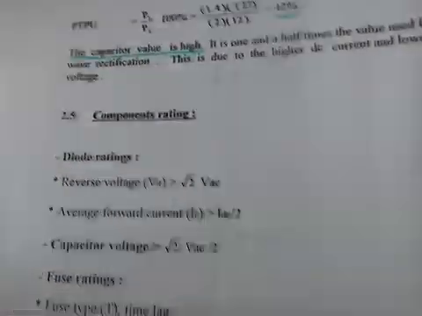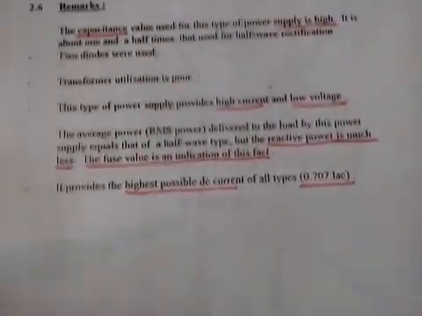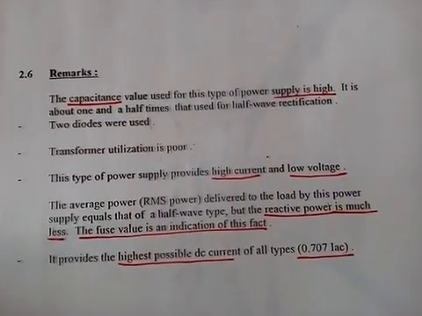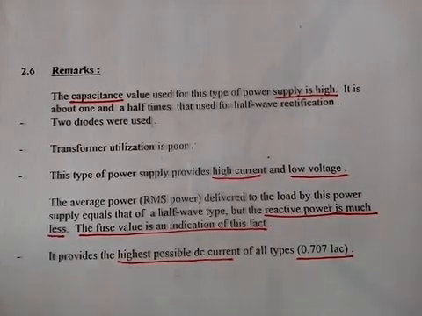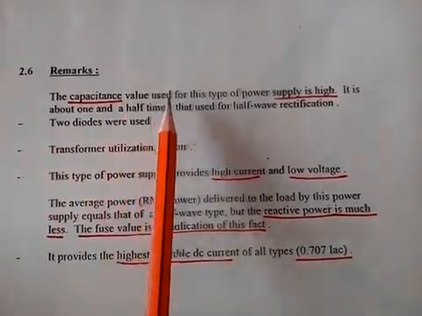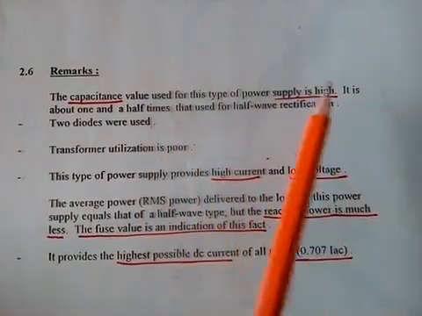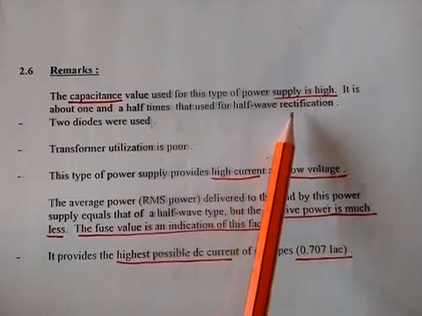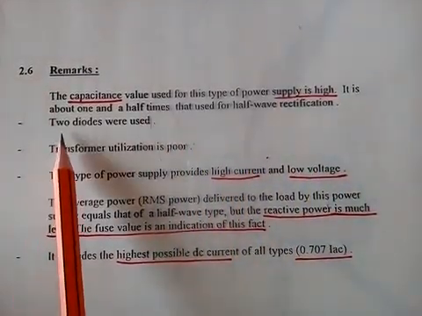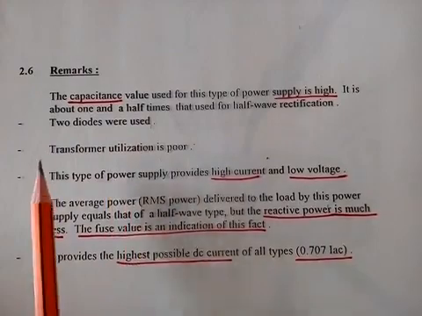Okay, now let's see what we get to. We almost concluded our lecture. A few remarks: the capacitor value for this type of power supply is high. It is about 1.5 times that used for a half-wave rectification. 2 diodes were used, of course.